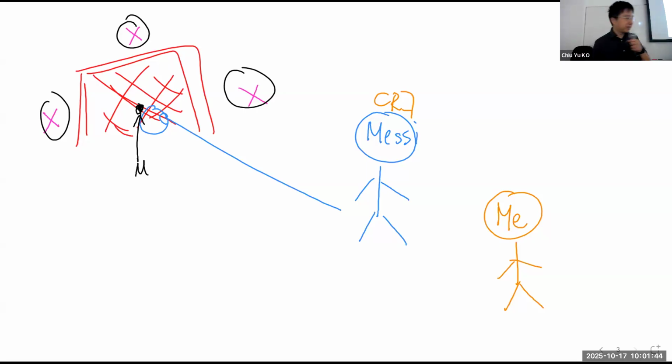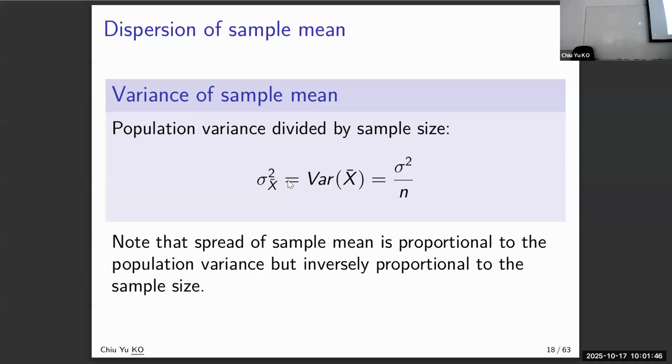You can imagine why he's so good and why I'm so bad. Likely he does a lot of practice or he's very smart, right? So when n goes to infinity, this becomes zero. But when n is small, this is large. The reason you get a smaller variation on the sample mean is just that you have a lot of samples.